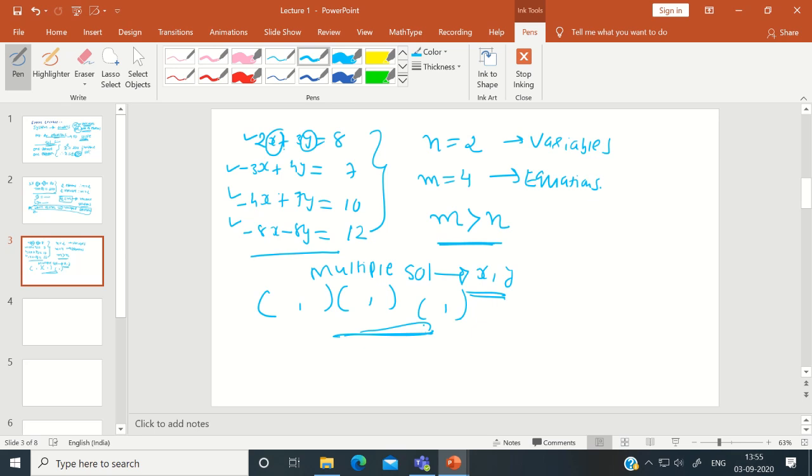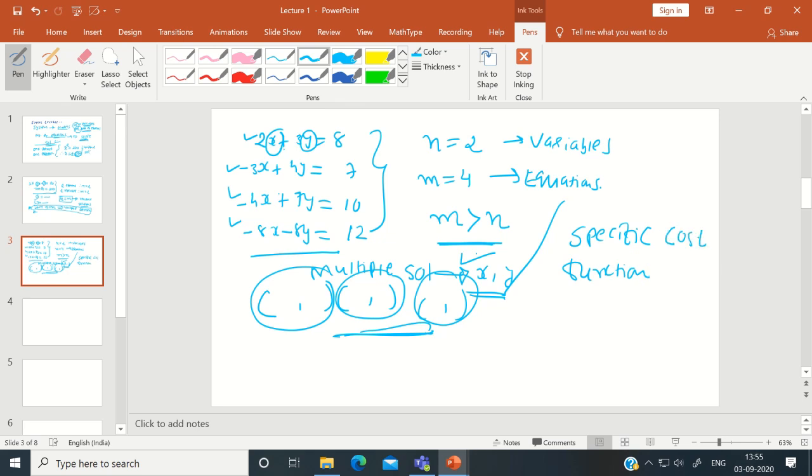Now our aim is to get the best answer. There are multiple answers and we have to find the best answer which will optimize a specific function, and generally we consider that function as a cost function. It may have a different name also.